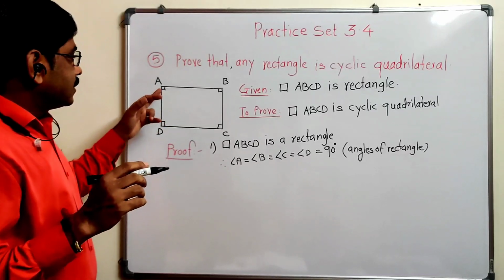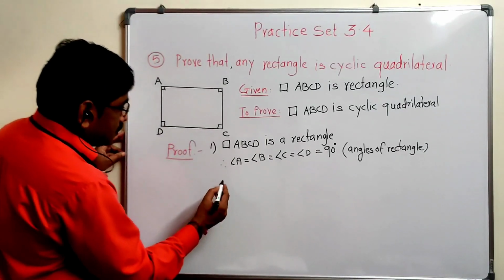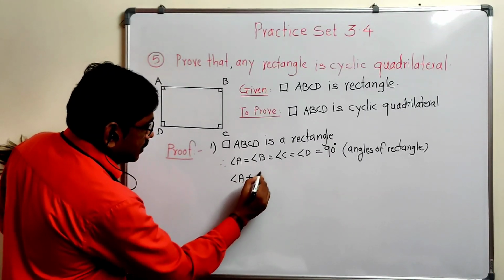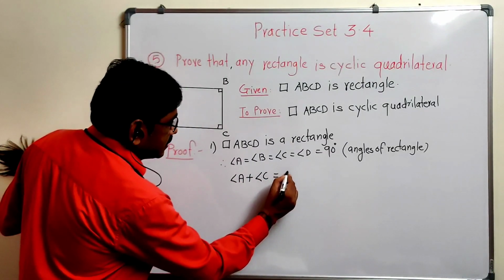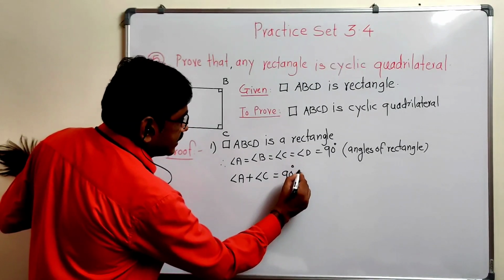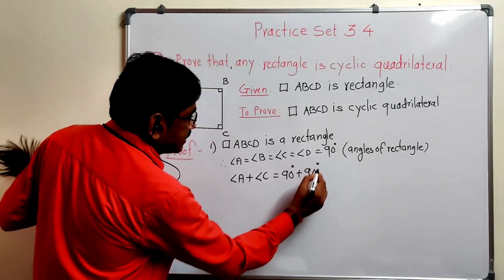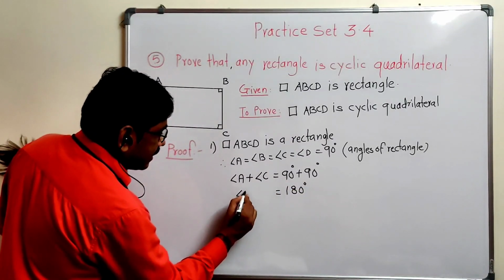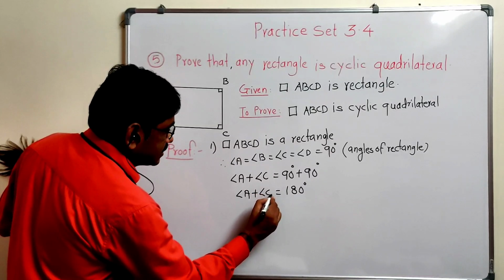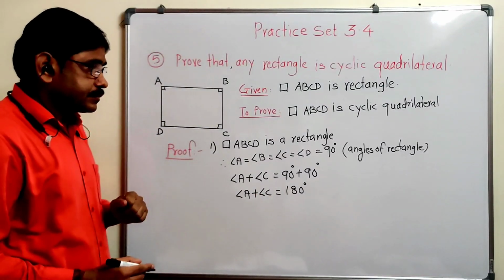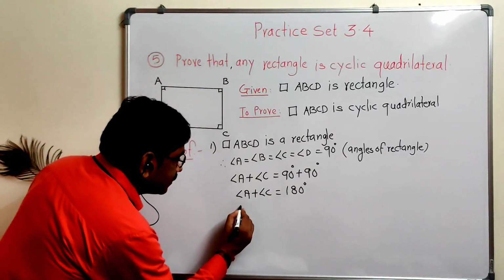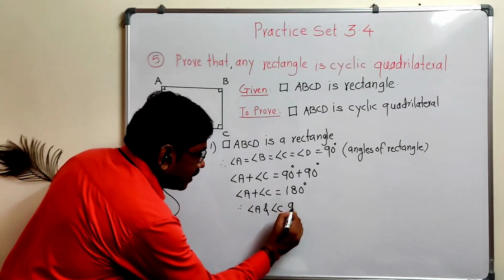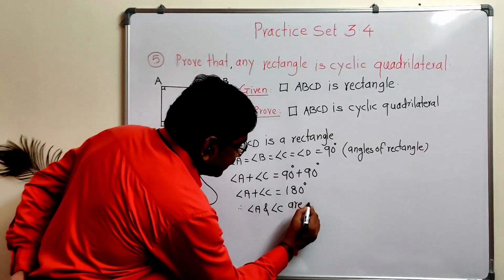So here, if we consider A and C, so angle A plus angle C is equal to 90 degrees plus 90 degrees is equal to 180 degrees. So we get angle A plus angle C is 180 degrees. That means what we can write? Angle A and angle C are supplementary.